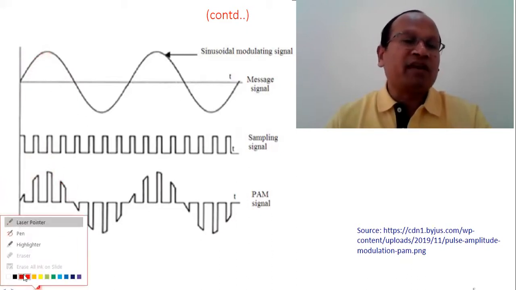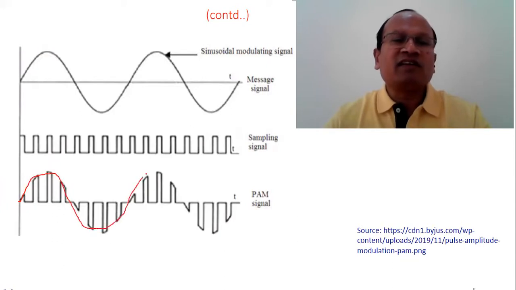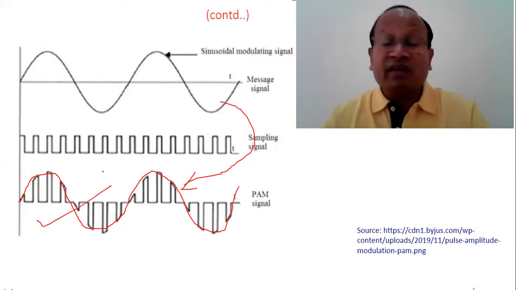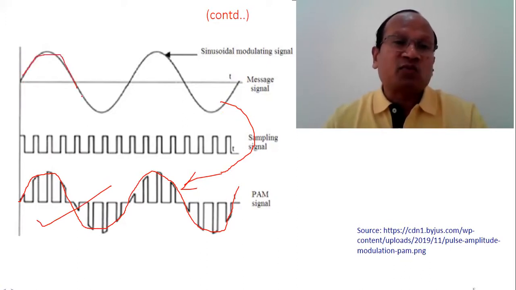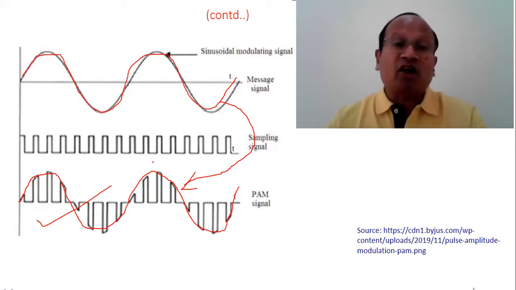You look at here, this red color signal is your modulating signal. The amplitude follows the natural instantaneous value of the modulating signal, and therefore the output is called natural top.